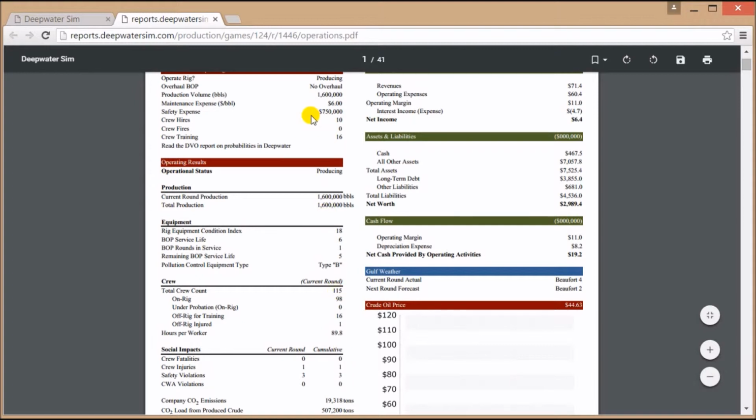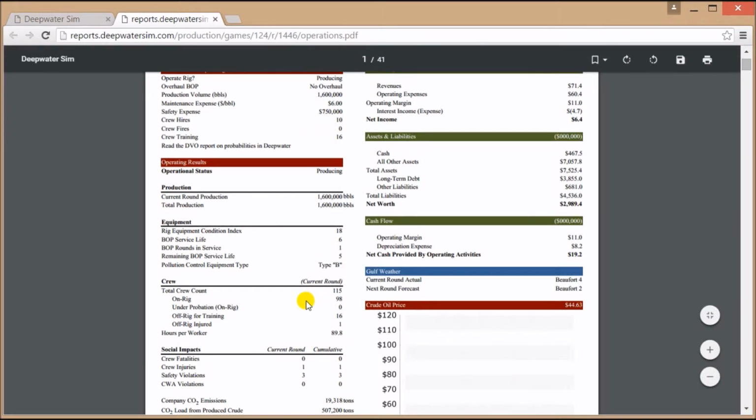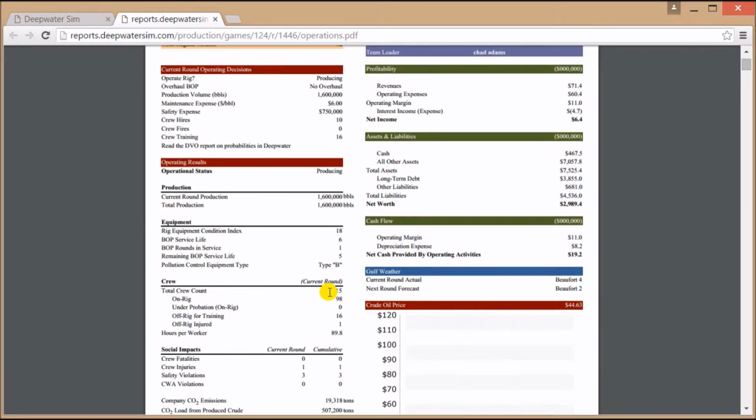Now let's also look at the crew complement. They've decided here to hire 10 and send 16 off for additional or advanced training. Every rig starts with 105 crew members. It costs money to hire crew, it costs money to fire crew, it costs money to train. What this team has decided to do is send some of their crew off rig for training, and when they're gone for training, they're gone for 2 rounds.